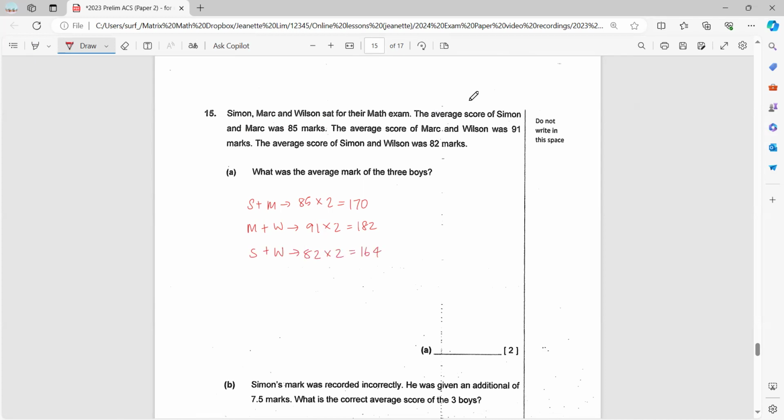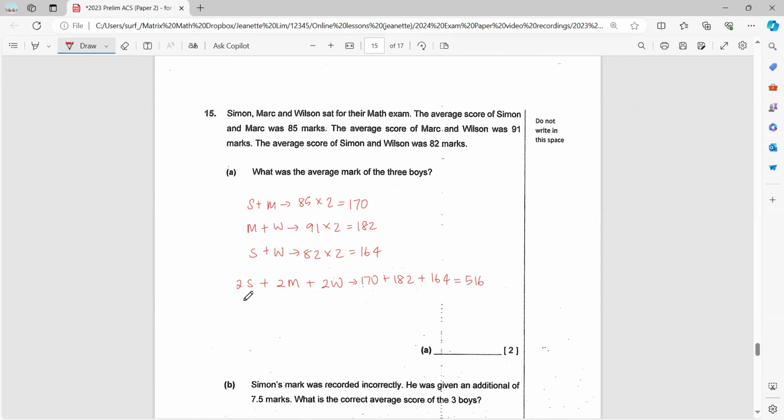Now what we're going to do is add all of these up, and you'll end up with 2 of S, 2 of M, 2 of W. This will be 516.